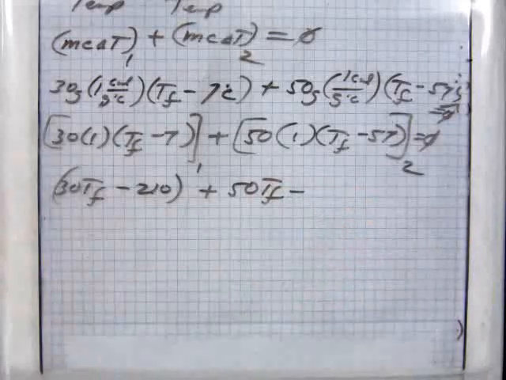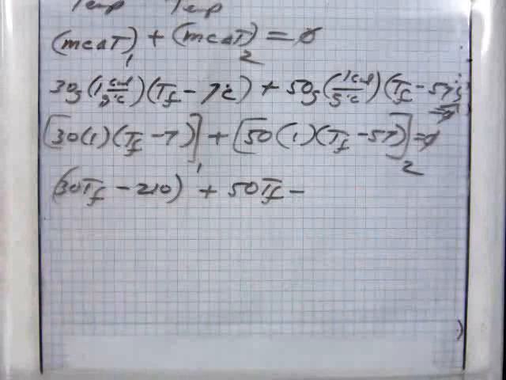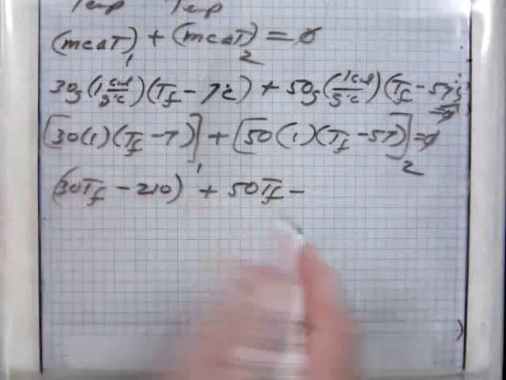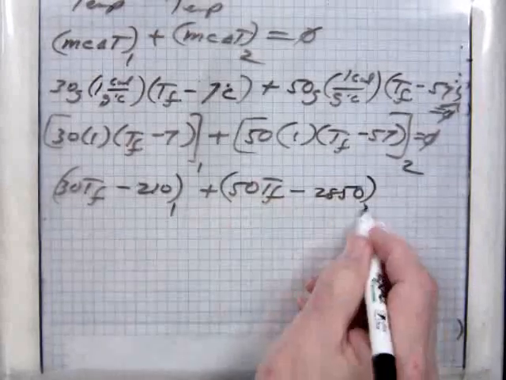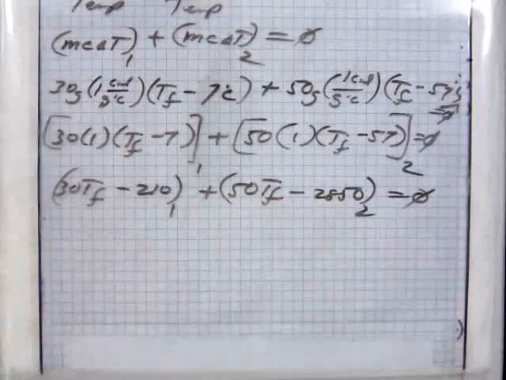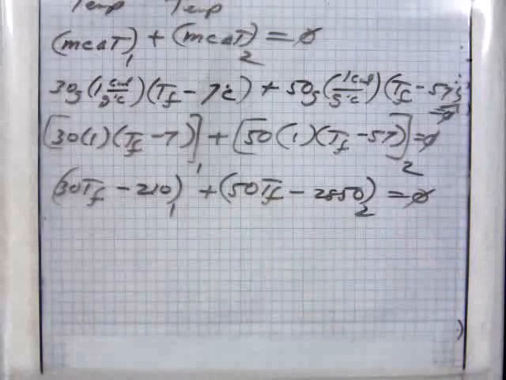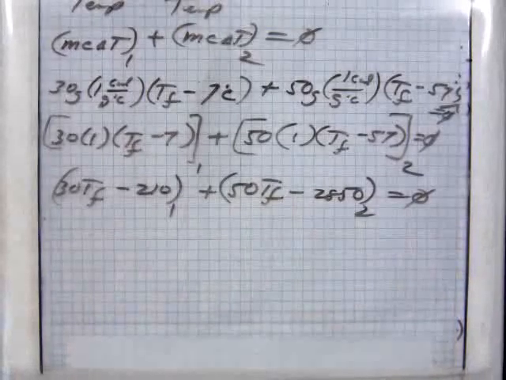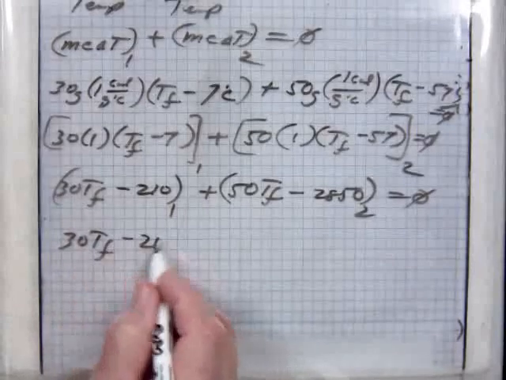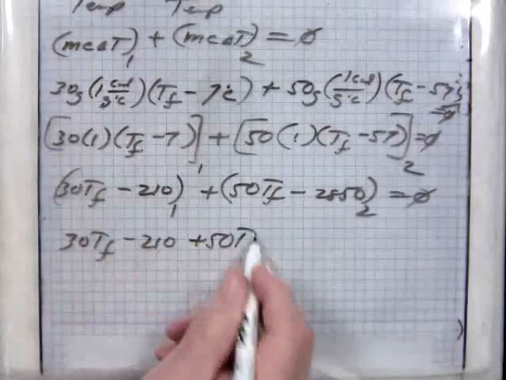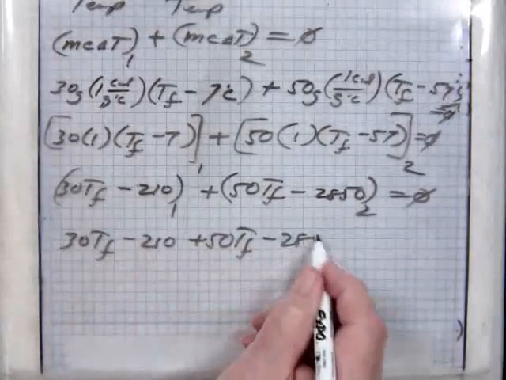I don't know what that is. 2850. So this 1 and 2, and all that's equal to 0. Now remove the parentheses. I put them in there for emphasis on the problem. So we have 30 TF minus 210 plus 50 TF minus 2850.